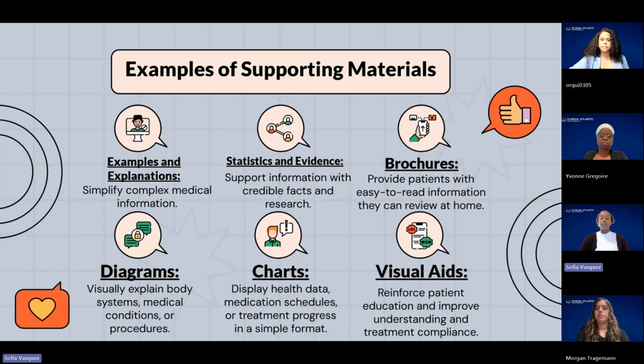Charts are a form of visual aid that help display health information and how the medication they'll be taking and treatment progress will affect them. By using visual aids in combination with verbal aids, we're able to reinforce patient education and overall improve their understanding and treatment compliance.